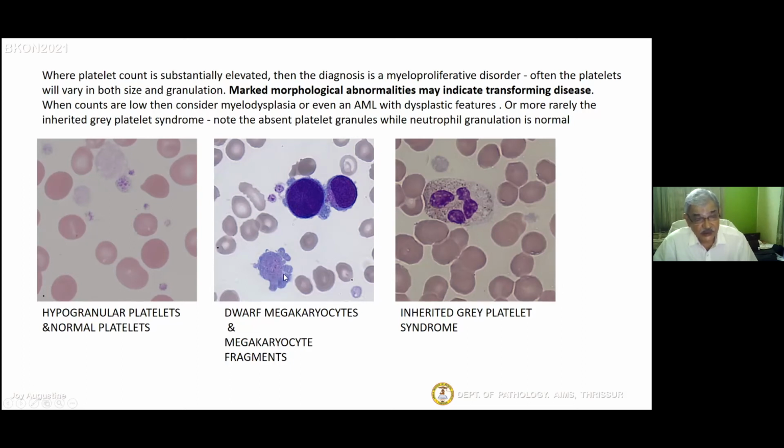So this is one way of identifying that. And these are two dwarf megakaryocytes. Seeing this in the peripheral smear is generally a feature that you should identify as likely myeloproliferative disorder. Now, this is the inherited gray platelet syndrome, which is just a duplication of the previous.